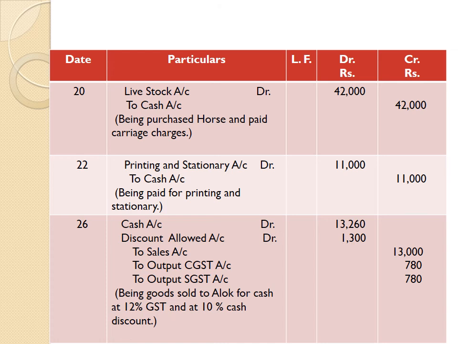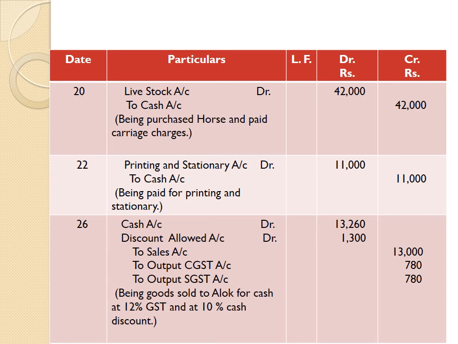To sales, the value of goods sold is 13,000. 12% GST on it 1,560. It has been divided into two parts, central and state. So central part is 780, state part is 780.